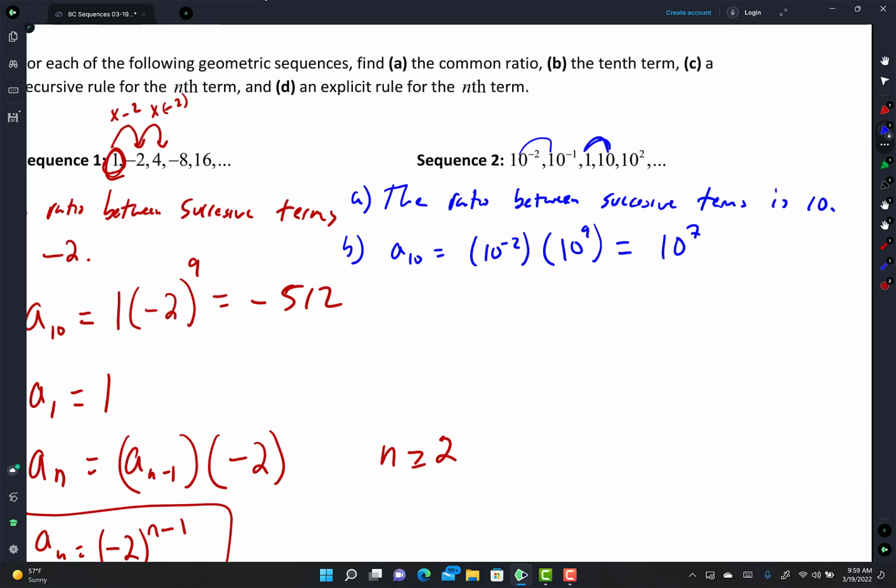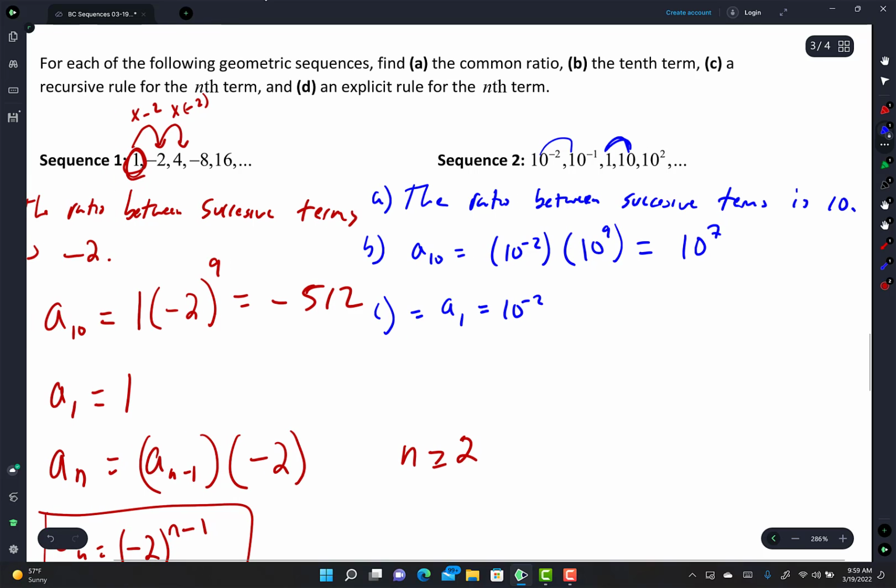How do we feel, guys? All right, letter C. Letter C is recursive. So a sub 1 is 10 to the negative 2. And a sub n is equal to a sub n minus 1 times 10, for n greater than or equal to 2.